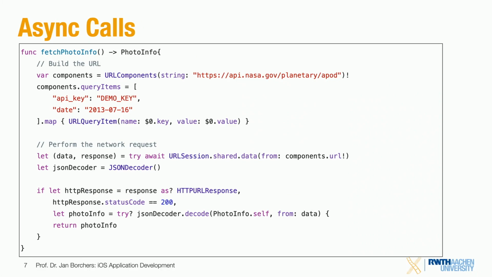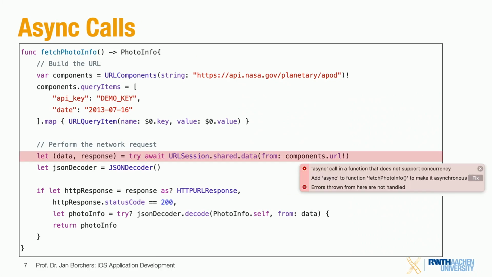But yes, this won't work right out of the box because, again, we have the problem that this is something running asynchronously, but here we're not specifying that it is a task. So how you can do that is by making clear that this function overall is doing something asynchronous.